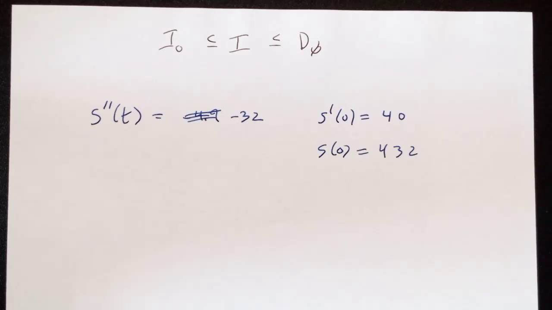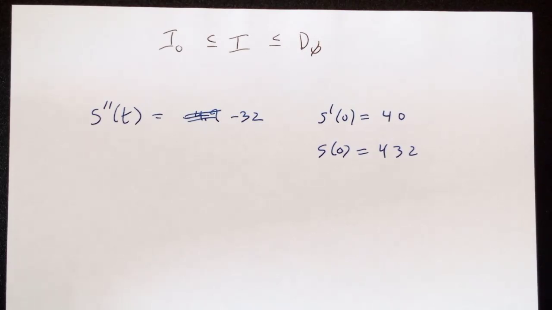I'd like to solve it. All I have to do to solve this problem is integrate twice. And once I integrate, I can use part of my initial conditions to solve for the constants that I end up with.